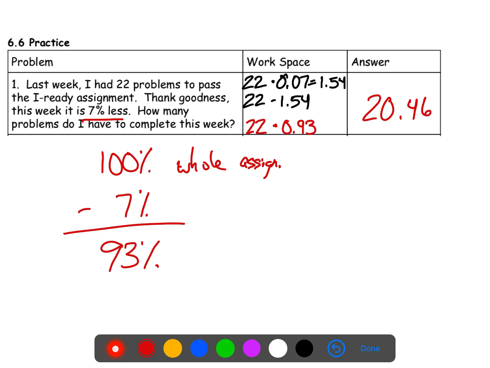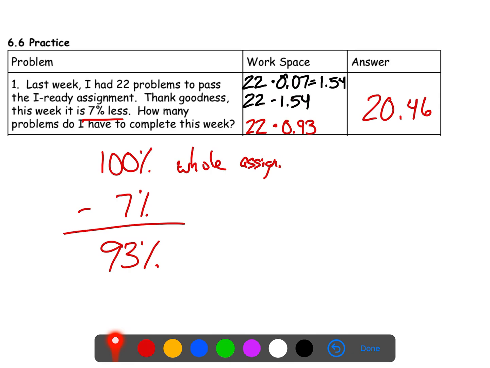All right, I hope this starts to make sense. This practice is going to be very good for you to try this. If one of these steps makes sense, whether it's going directly in one step with what remains, or whether it's removing or adding a percentage to it, pick the one that makes sense.